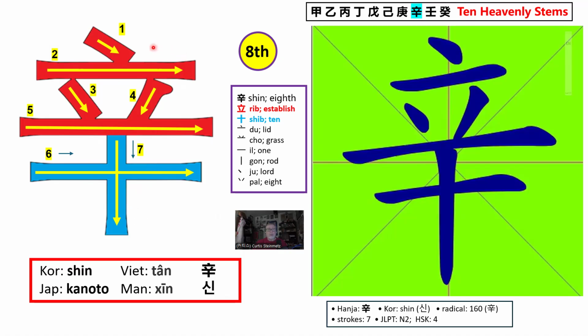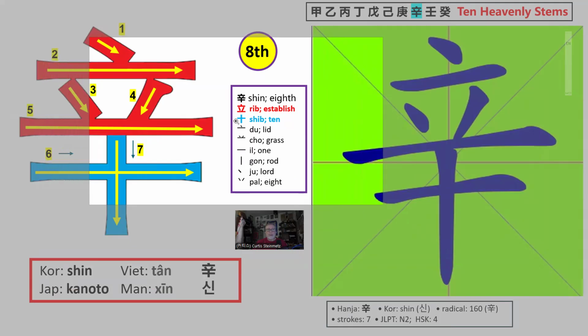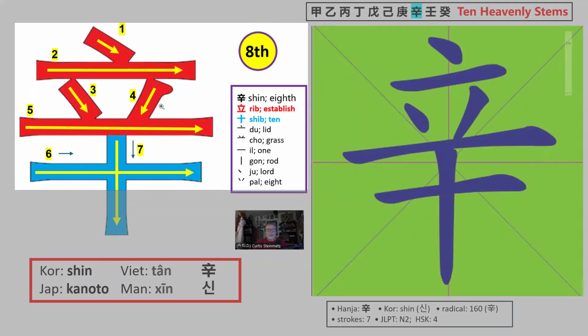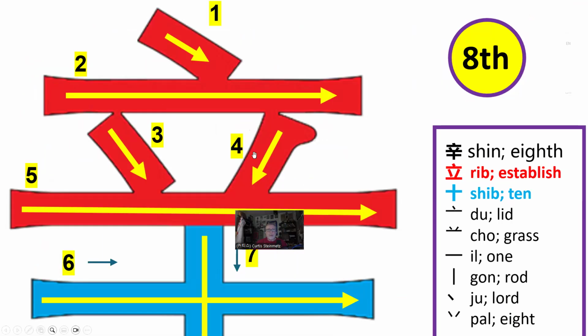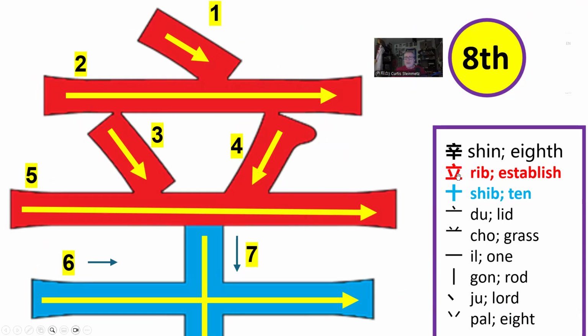And you see, if you look at, let me get the magnifier out just to zero in a little bit. You see if we compare the standalone character rib to the component in this hanja, it's kind of squished.